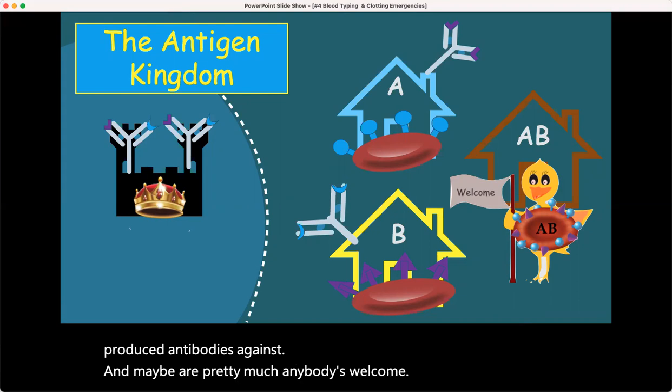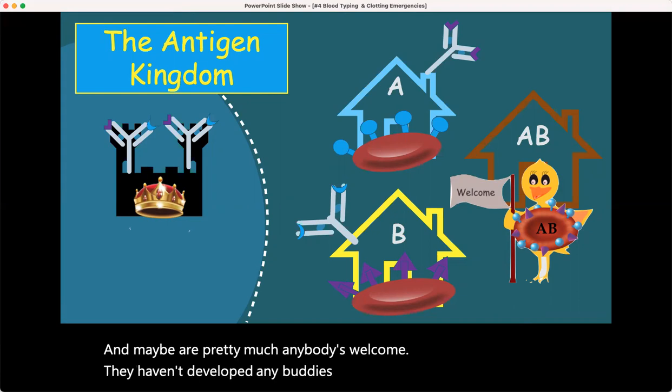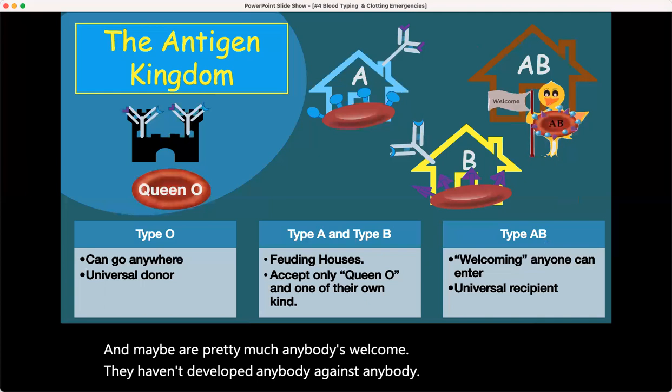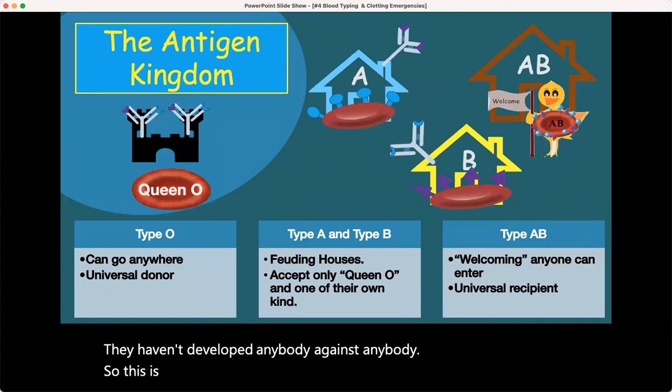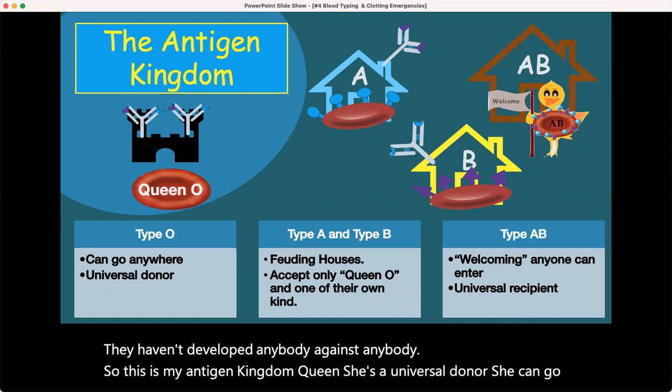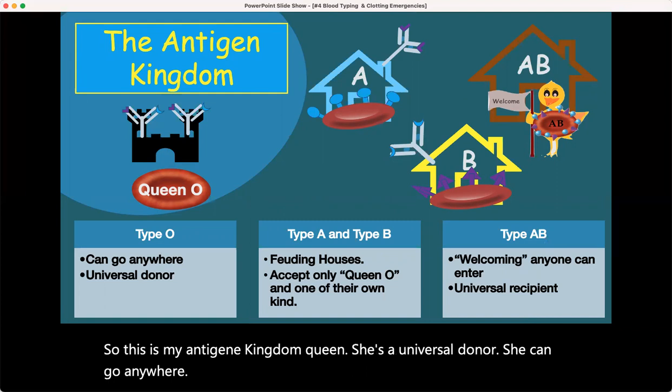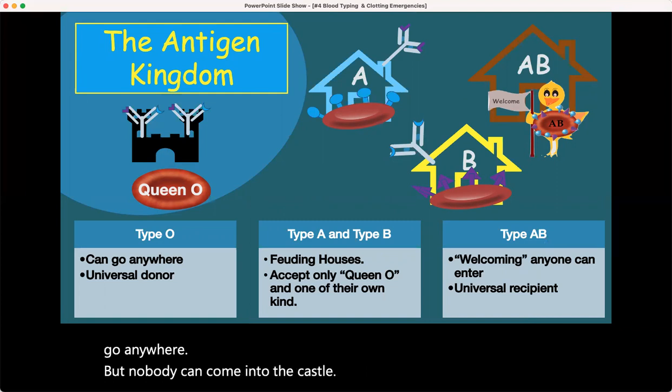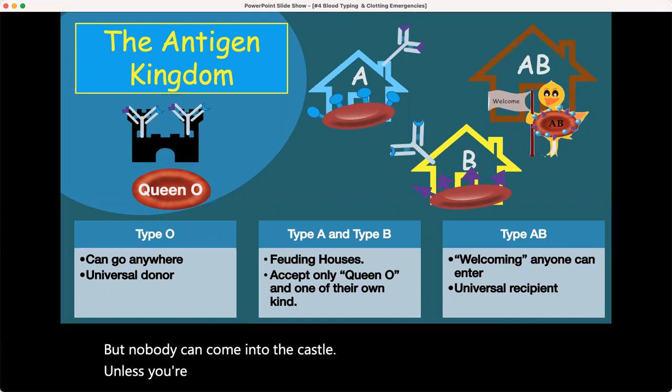They haven't developed antibodies against anybody. So this is my antigen kingdom. Queen O, she's a universal donor. She can go anywhere, but nobody can come into the castle unless you're another O.